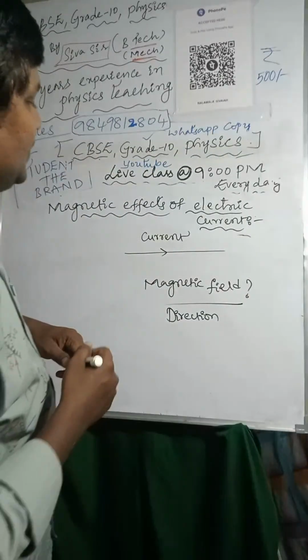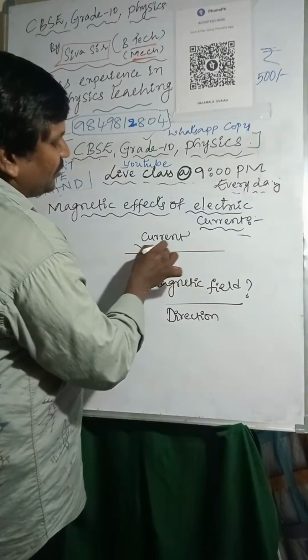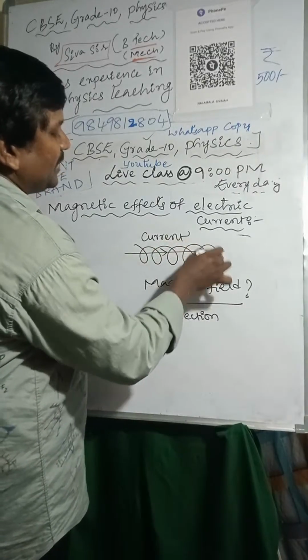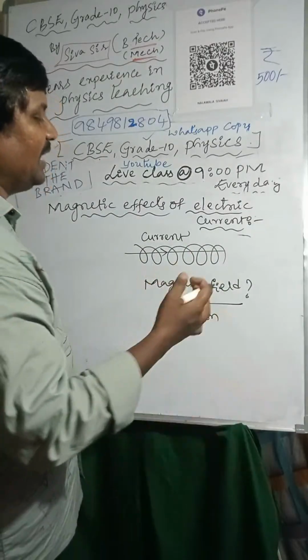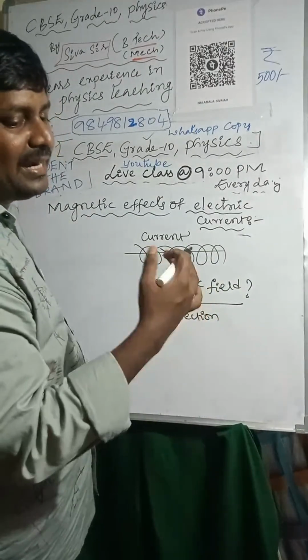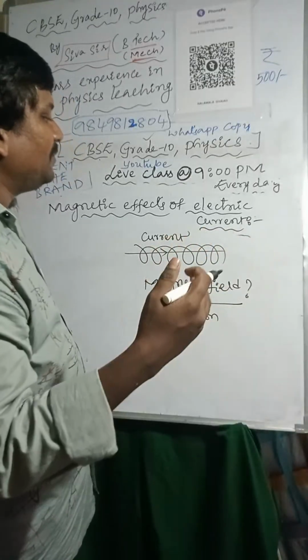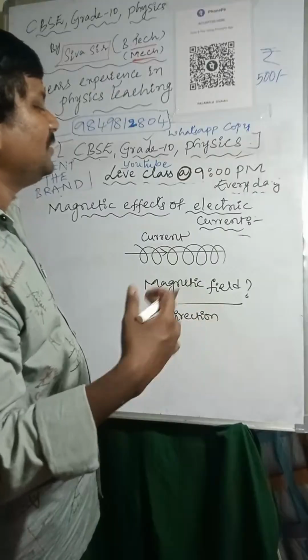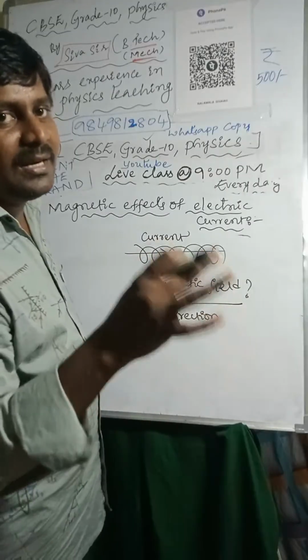Next, around this conductor a magnetic field will be produced, and we use the right hand thumb rule to find the magnetic field around the conductor.